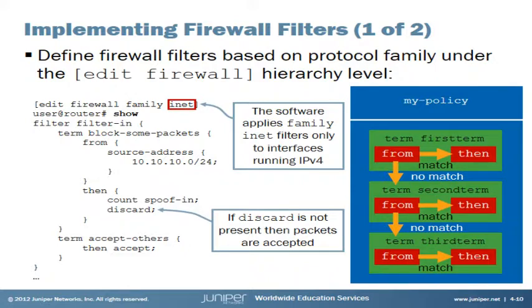So we are setting up a filter. The filter is filter in. The term is block some packets from source address 10.10.10.0/24, then count spoof in, and then discard. So we're actually doing a count, putting it into a file called spoof in, which is where our count is going. And then the final term is accept others, then accept.